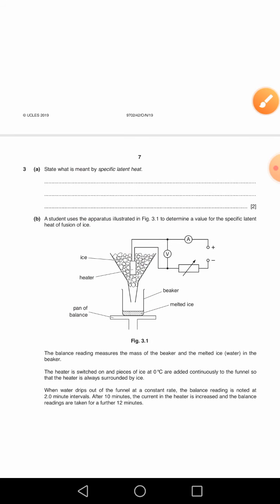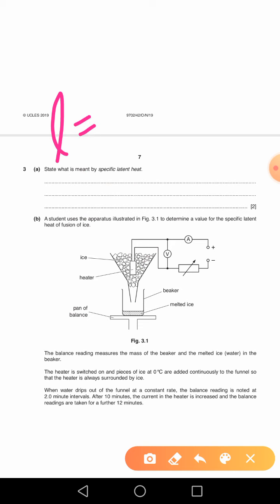So the specific latent heat is the amount of heat energy supplied for the change of state for 1 kg of the substance. Okay.